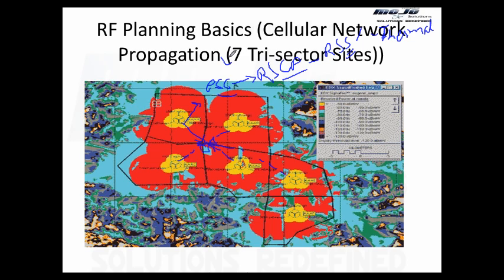So what will be your Ec/Io for the case of UMTS? It will be this. But what does this RSSI mean? RSSI is the addition of all of this interference plus the carrier itself.